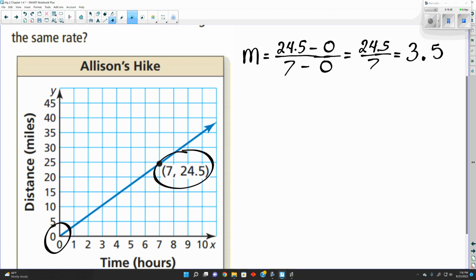So if we're plugging it into point slope form, or slope intercept form, our slope is 3.5 plus our y-intercept of 0, yes? Do we need the plus 0? No. So the equation is y equals 3.5x. And that's it. Questions on this here?